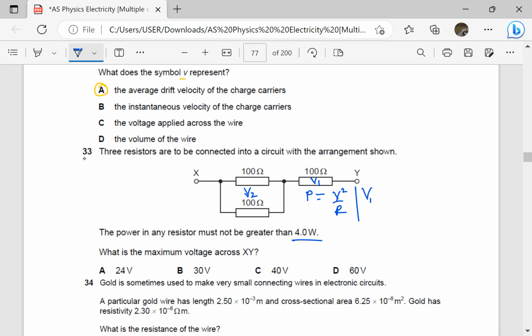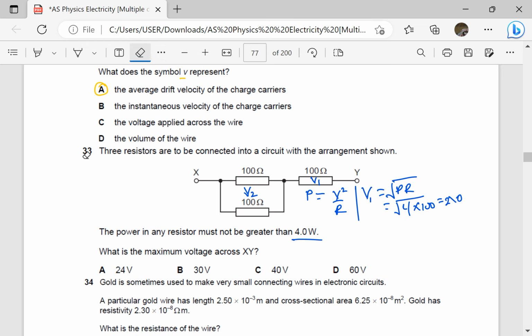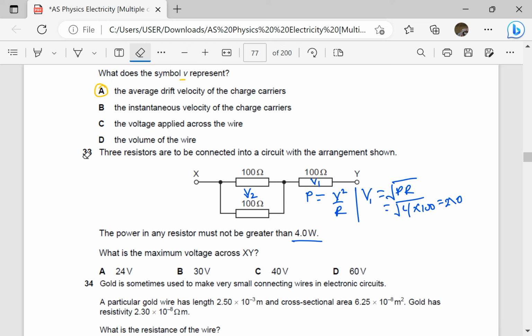So V1 is equal to the square root of P times R, which is the square root of 4 times 100. That is the square root of 400, which is 20 volts.